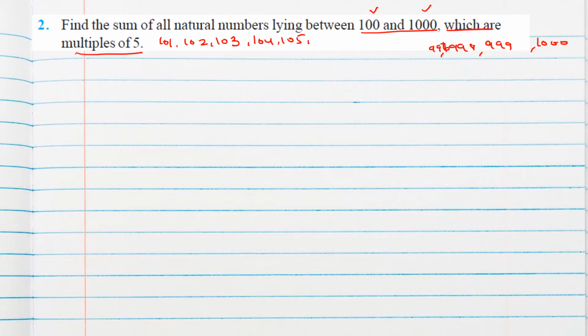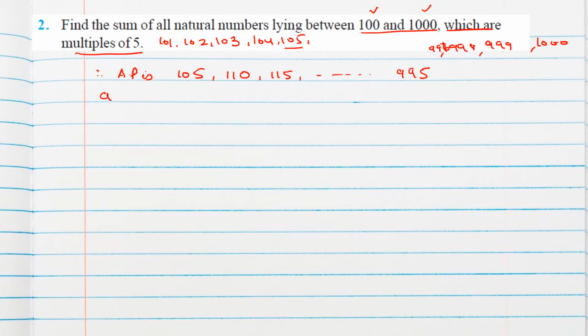So if you observe, the first multiple of 5 after 100 is 105. Therefore we can write the AP as 105, next number will be 110, which is a multiple of 5, then 115, and so on. Last number will be 995.